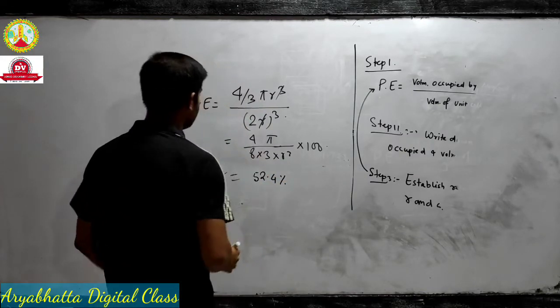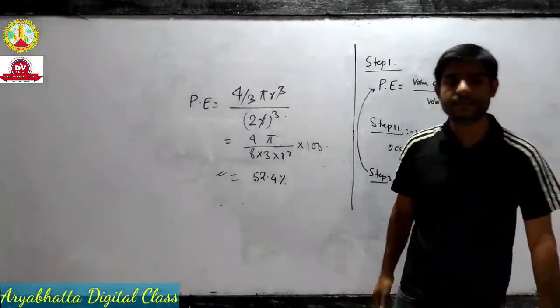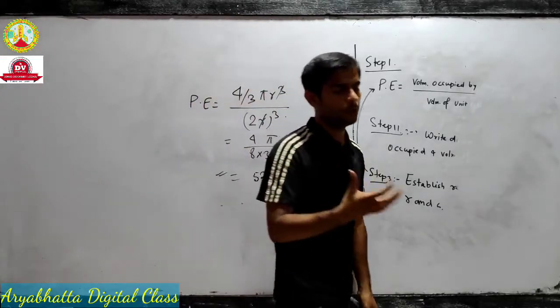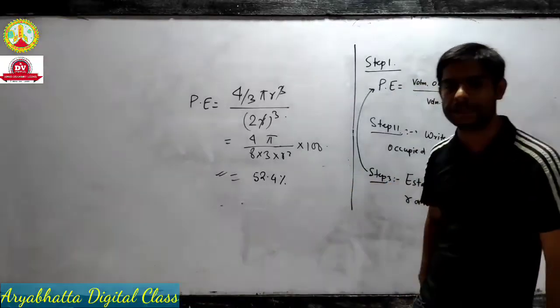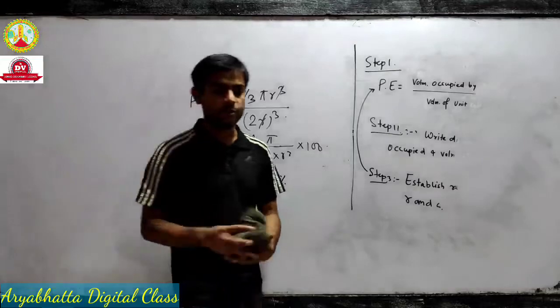So we see that our face-centered cubic cell is most efficient. Then we have body-centered, and simple cubic lattices are least efficient among all the different crystal arrangements or unit cells that we discussed.